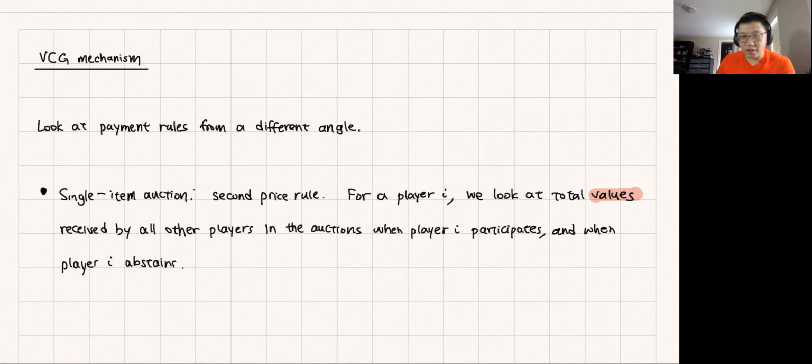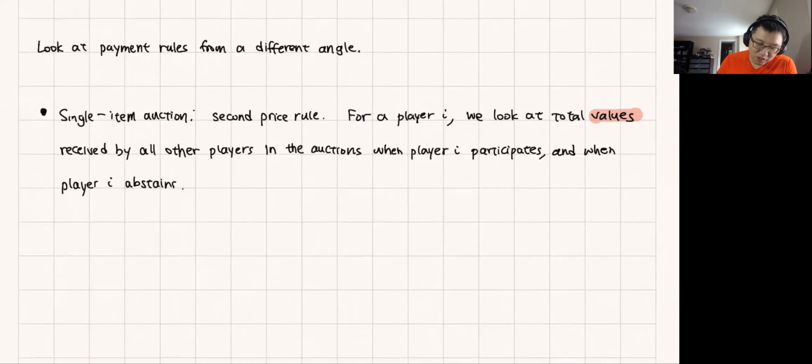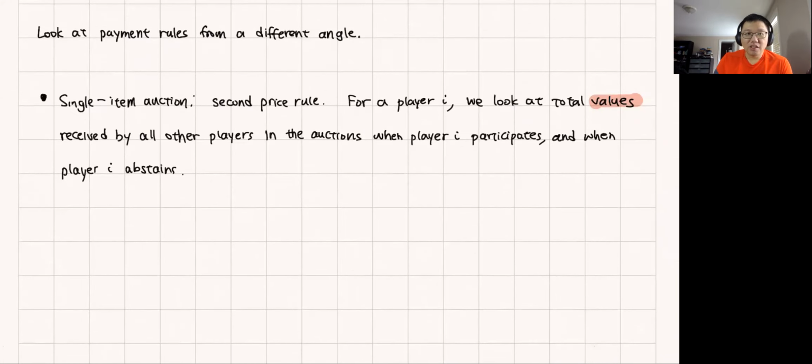One auction has player I in it, the other auction has player I not in it. We are looking for the total values received by the other players when player I participates or abstains. So there are two cases here.